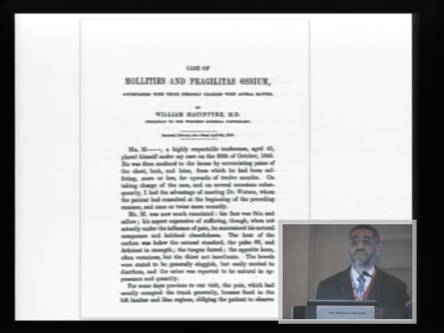He found that a cloud appeared in the urine. It precipitated at 60 degrees centigrade, then disappeared at boiling and reappeared on cooling. He sent this urine sample to a very renowned biochemist, Henry Bence Jones, describing the condition of the patient.